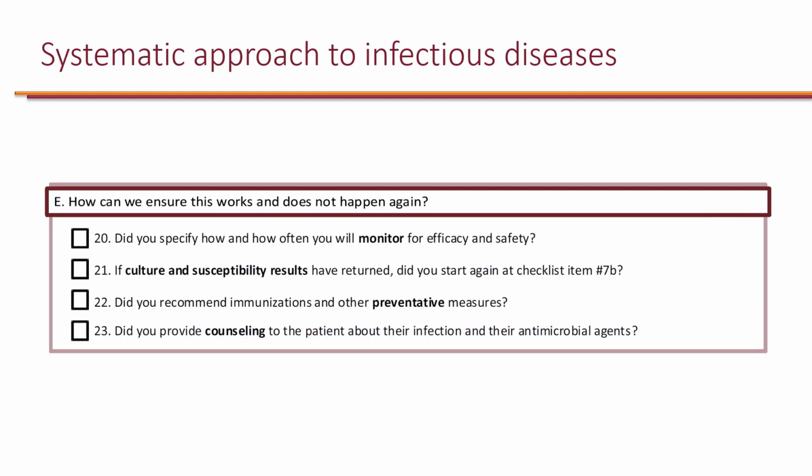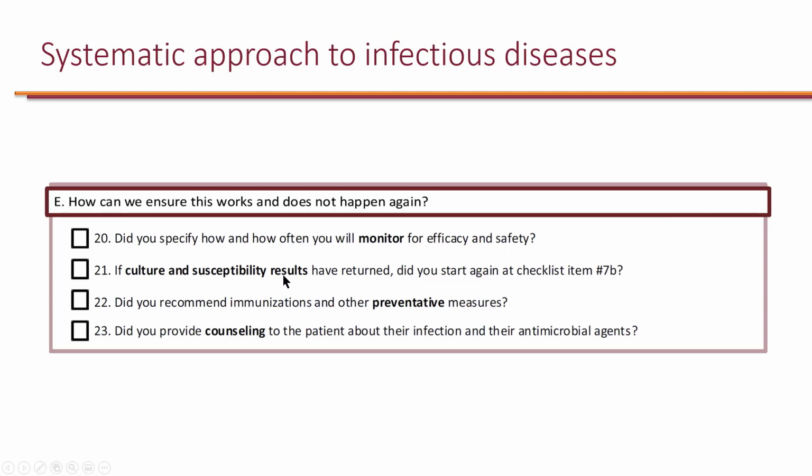And the last thing is, how can we ensure this works and does not happen again? So we want to do some prevention. It's important to monitor for efficacy and safety, and typically we make sure that the signs and symptoms are improving, and also we want to look for adverse effects.